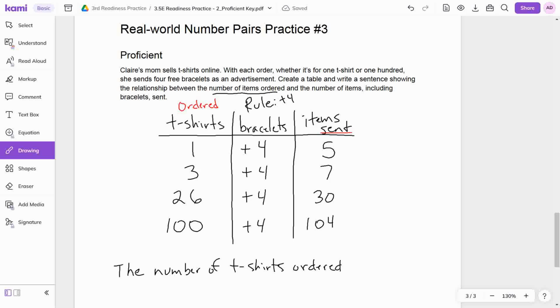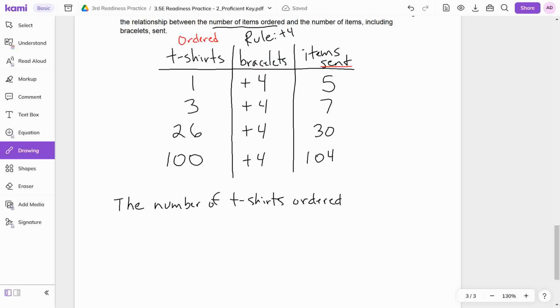There's a few different ways that you can write this sentence, so your sentence might vary. Is increased. I'm going to say is increased. That's another way of saying add by 4 to get the number of items sent.